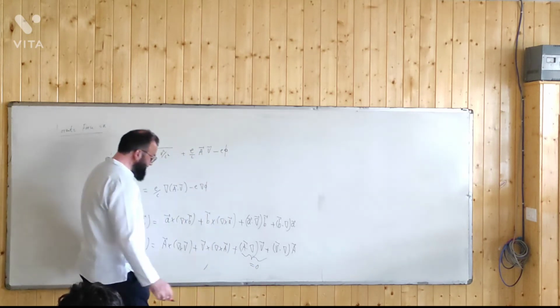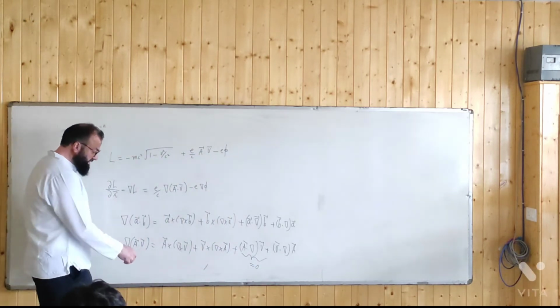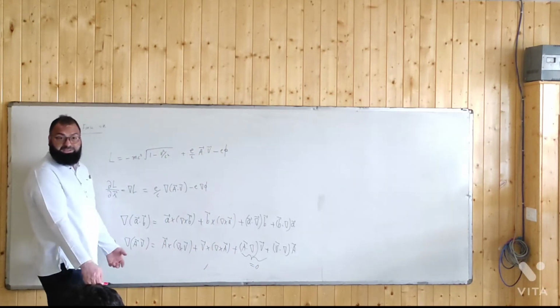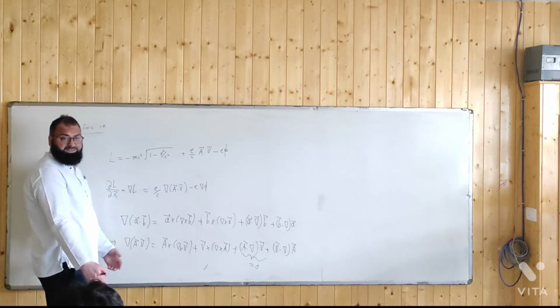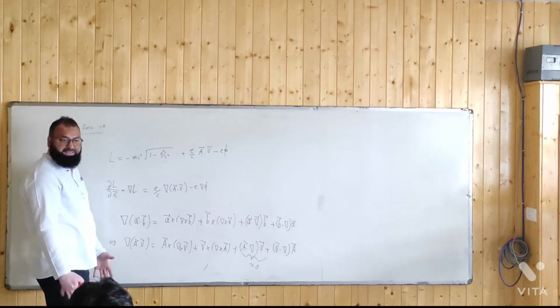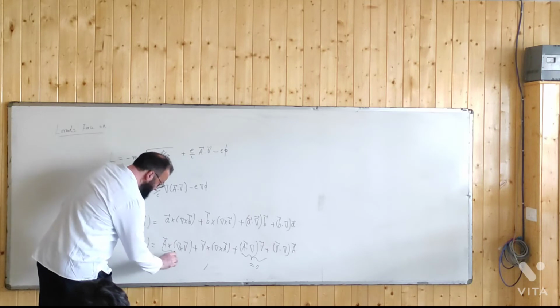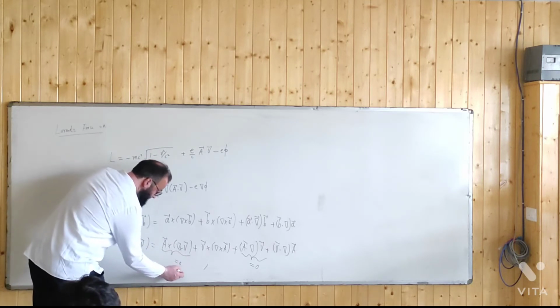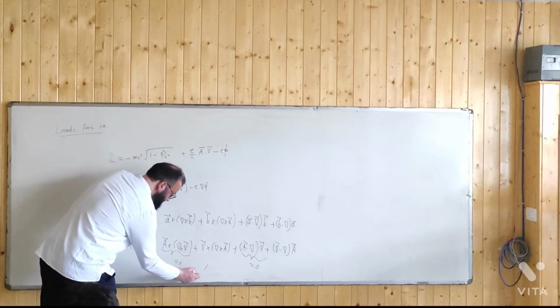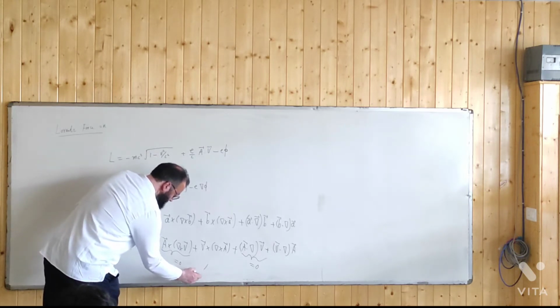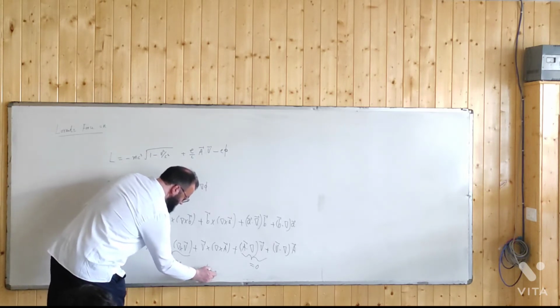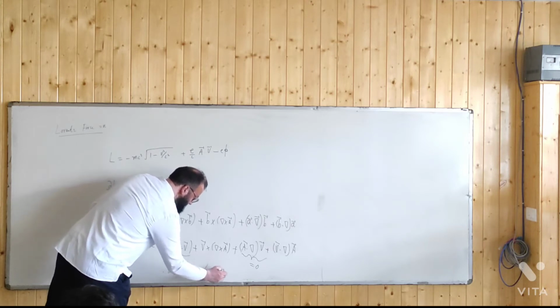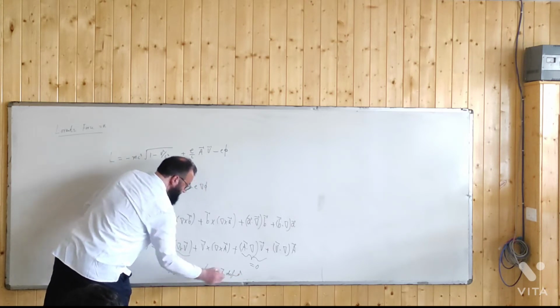And which other term? Del cross V, because this is again a differentiation. Curl of V means you are differentiating the components of V, so this is again equal to 0, since V does not have explicit R dependence.